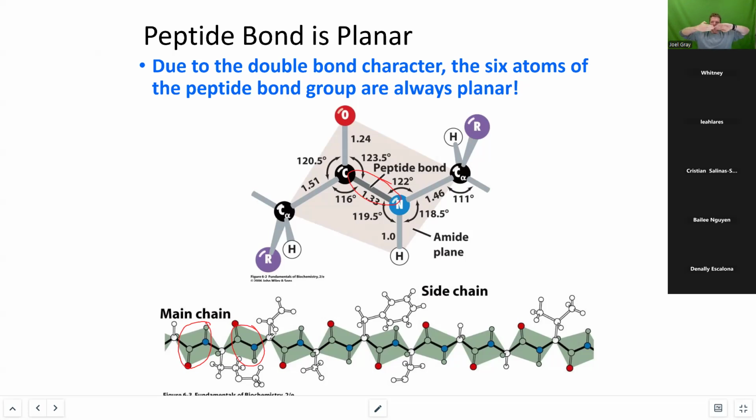Each of my hands can move independently, but my palm itself is going to remain a flat plane. This is important because it's these rotations that get us a structure that looks like this, a 3D model of a protein. This 3D structure is attained in spite of the peptide bond remaining a part of a flat plane.